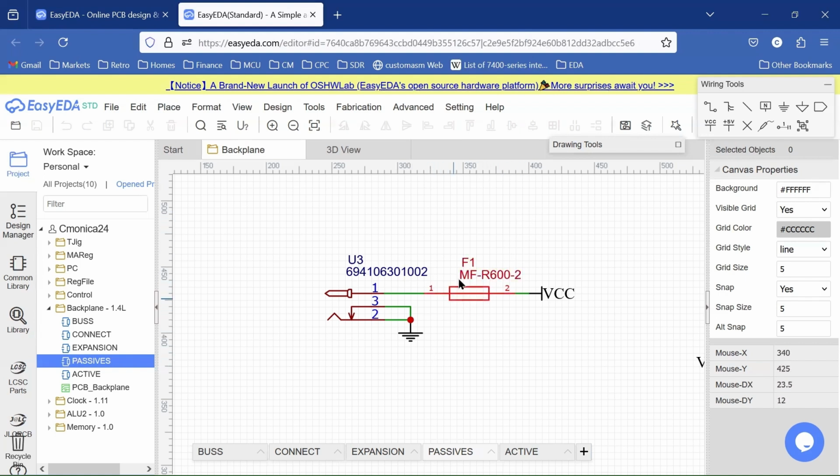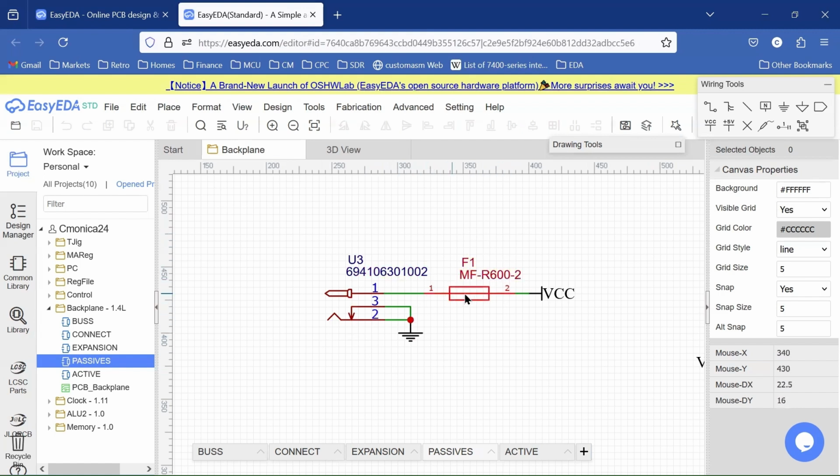But this inrush current is going to happen every single time we power up the computer. That's the normal occurrence. We definitely want to protect ourselves from that.